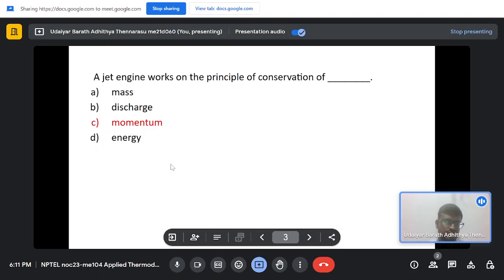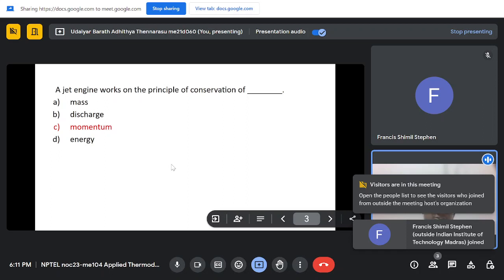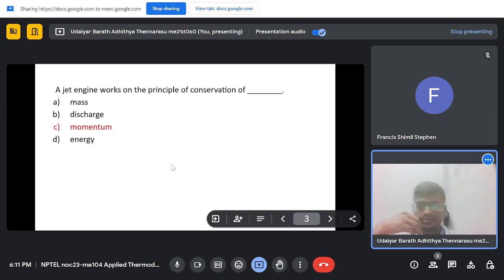Now there is a velocity going out, so this is not the same. So the aircraft will try to move forward so that the total momentum is conserved. That is what happens. The velocity going out creates a thrust which will move it forward. So the jet engine works on the principle of conservation of momentum.